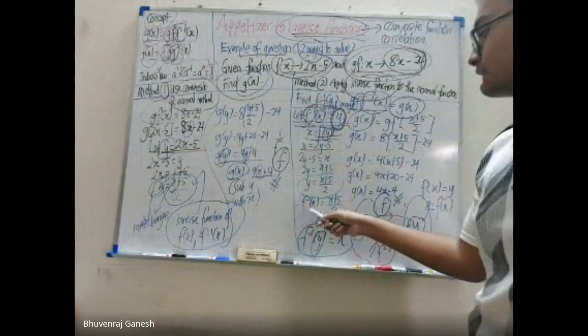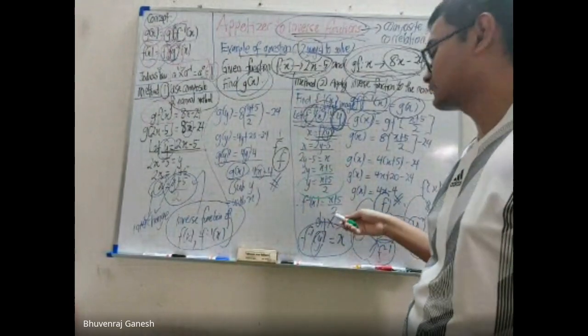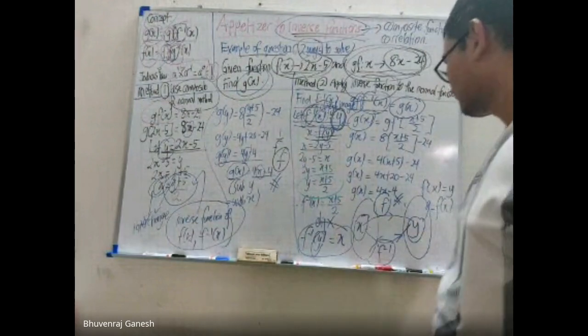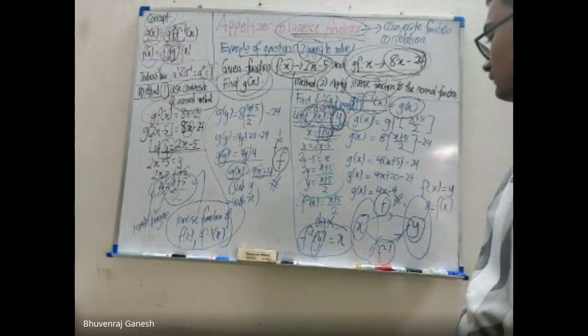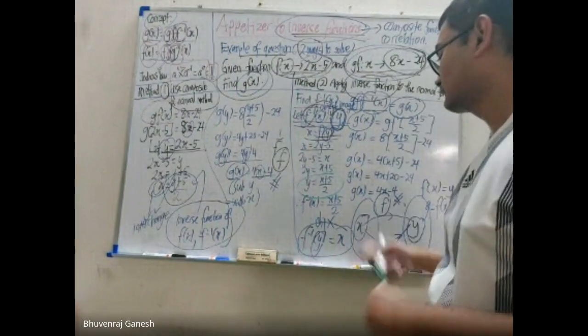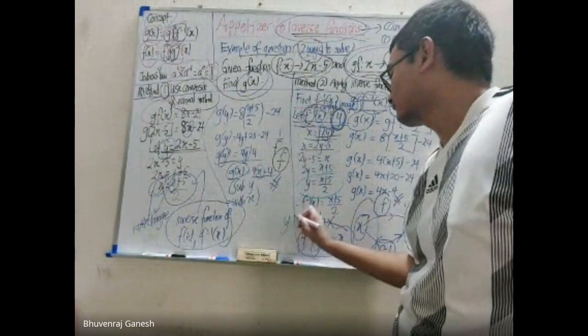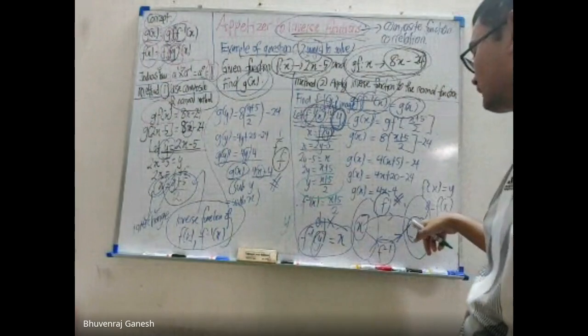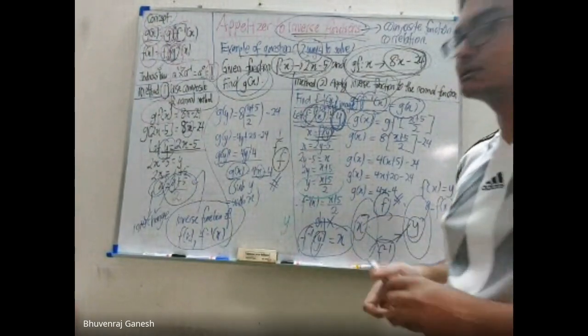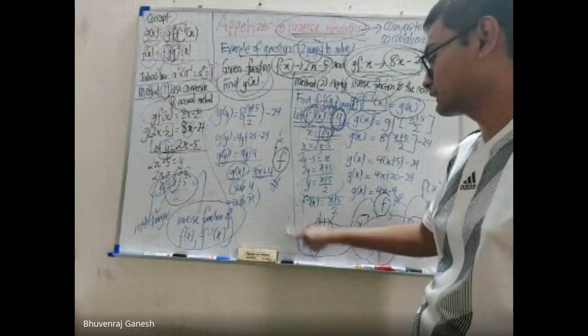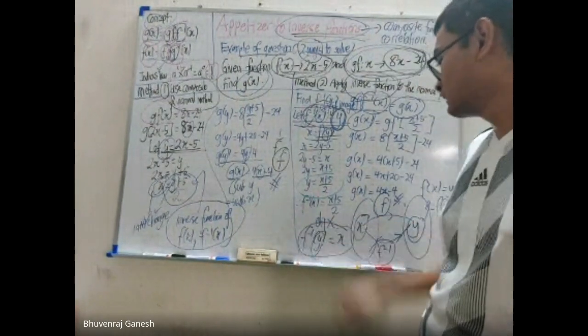So f inverse of x, we can conclude, is (x plus 5) over 2 as well. So what it's actually trying to show here is the inverse function. This is also actually y on top here, as you can see. So the function that goes from here to here is (x plus 5) over 2, in other words. So that's how I represent it with an arrow diagram.